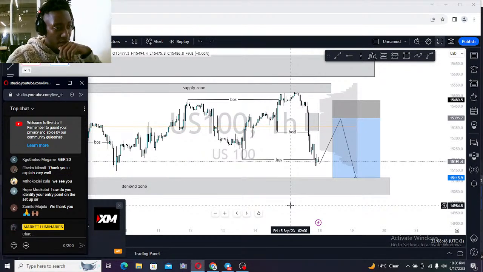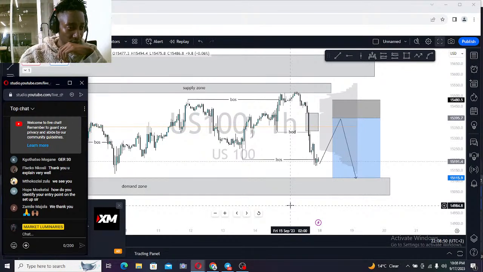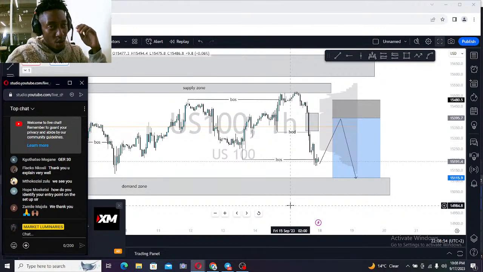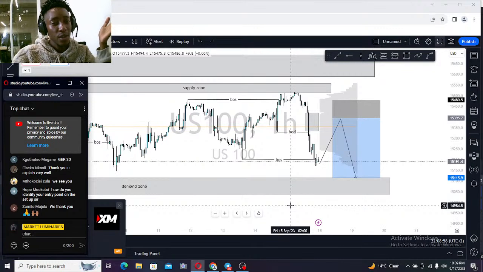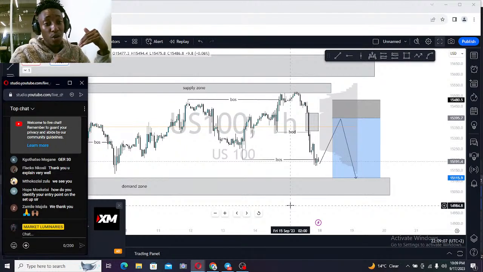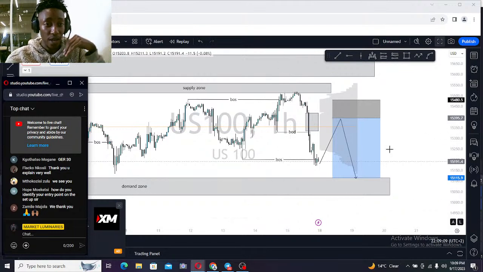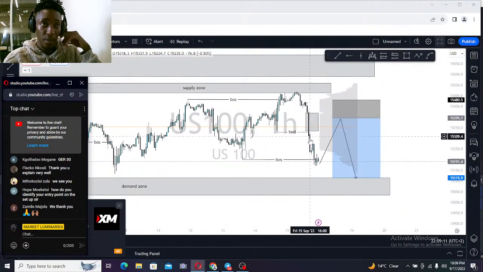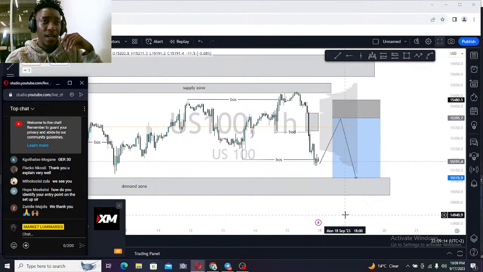How do you identify an entry point on the setup? You wait. With me, remember, you plan your trade and then you trade your plan. If the market opens and goes to my fair value gap, from there I would have to see when the market starts giving me small candlesticks.